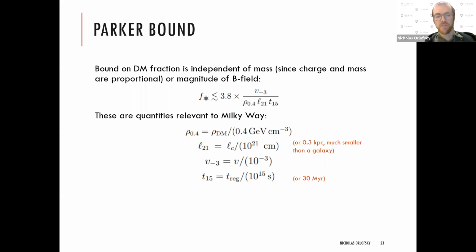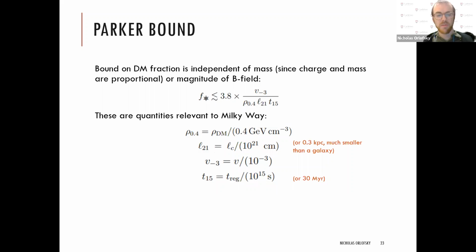You can see this falls just short of doing anything useful. Obviously we would want to constrain this as a fraction of dark matter, so we want this number to be less than 1 if we want an interesting constraint. This is the classical Parker bound as applied to magnetic black holes.